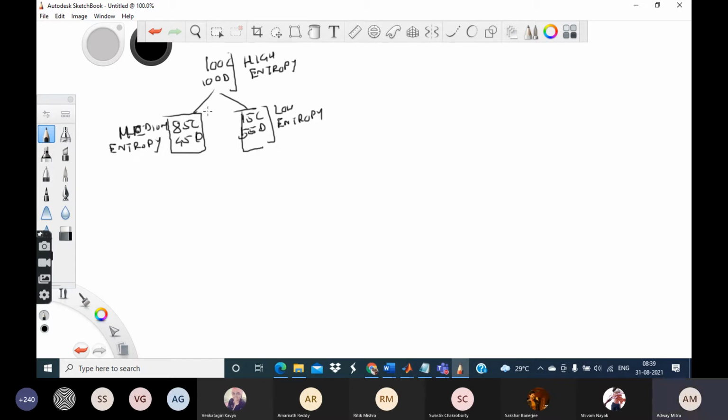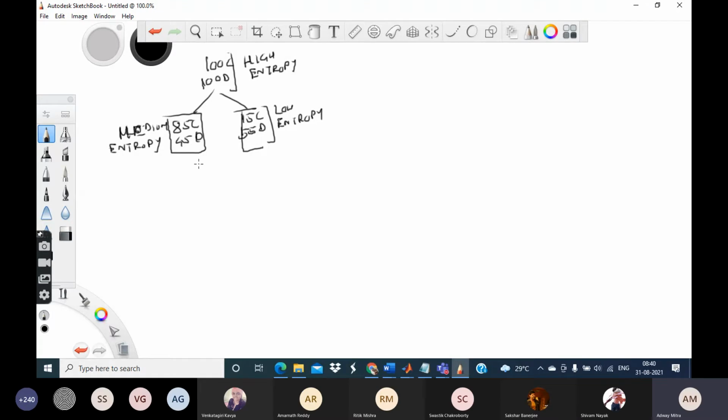Now I may be interested to find out how much I have been able to lower my entropy from here to here. I cannot do a direct subtraction because there is only one thing here and there are two things here. So I will have to make a weighted subtraction. And what will be the weight? The weights are going to be the relative sizes of the data sets.